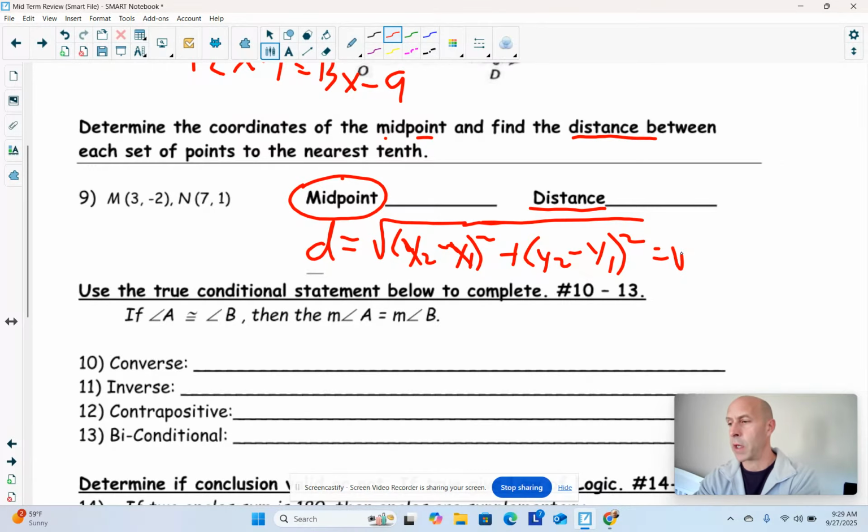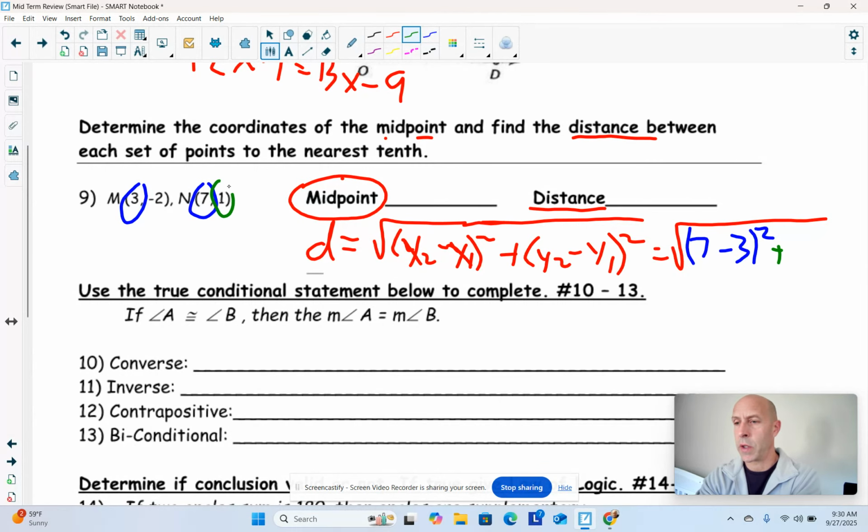So in this particular problem, we need to take x2, which is this 7, minus x1, which is this 3, and then we have to square it. Plus, now we have to take y2, which is this 1, minus y1, which is this negative 2. So that's going to become a plus 2, and then we have to square that. And don't forget to do the square root, and then that'll be the answer you're going to put there.